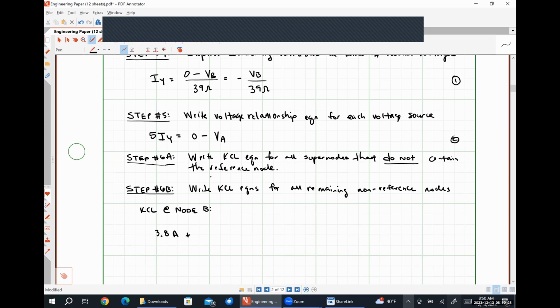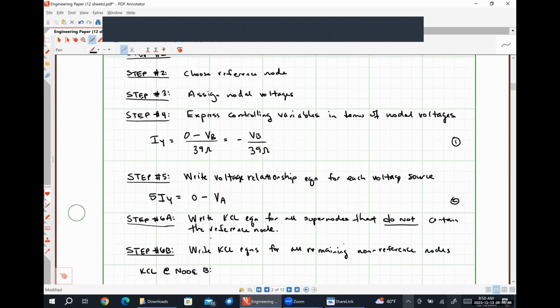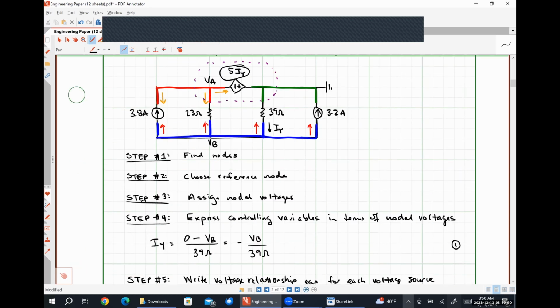What's the current flowing up through my 23 ohm resistor? VB minus VA over 23. What's the current flowing up through my 39 ohm resistor? VB over 39 ohms.